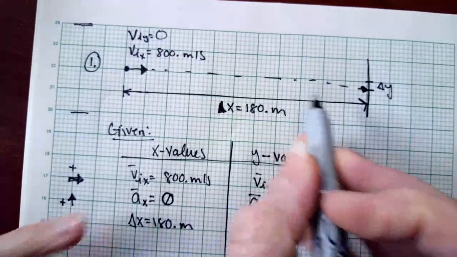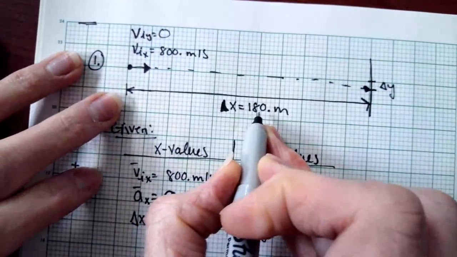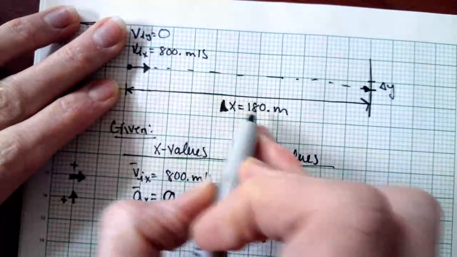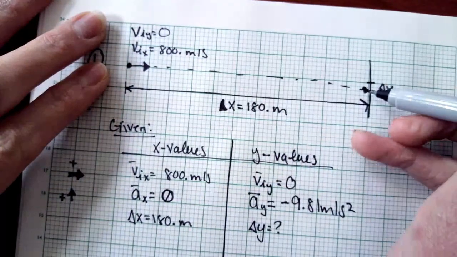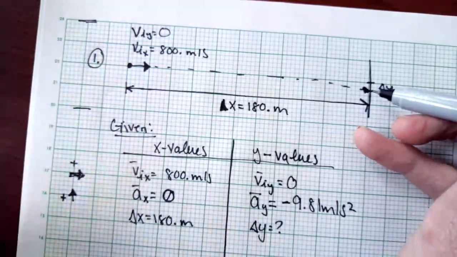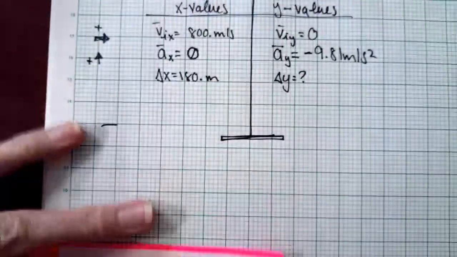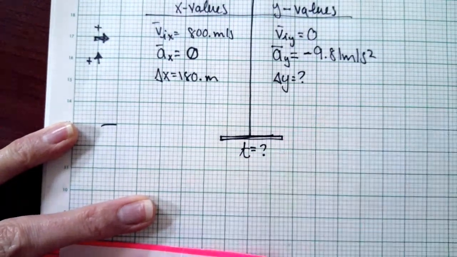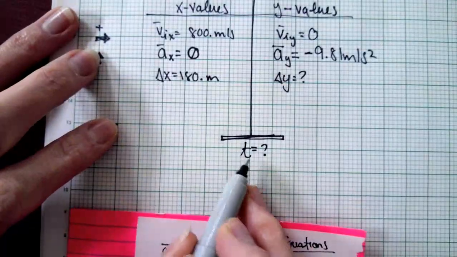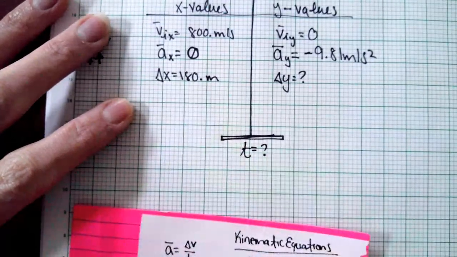Because I do know delta x, and I do know v initial, and I know the acceleration in x is 0, I can find time in the x. And then I can say, well, if it hits here in the x, it also hits here in the y. So that's why time being a scalar quantity is a really good bridge for us to get between the two of them. And it is scalar, so it is the same in both.